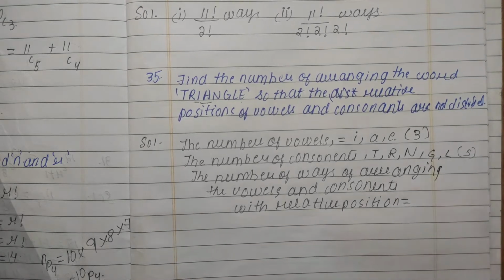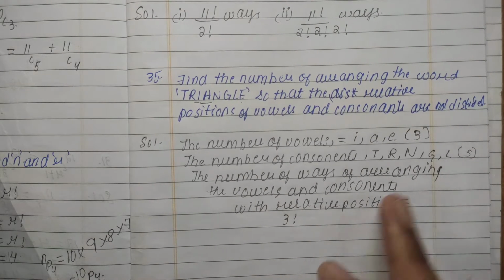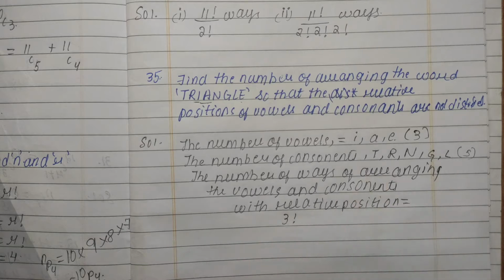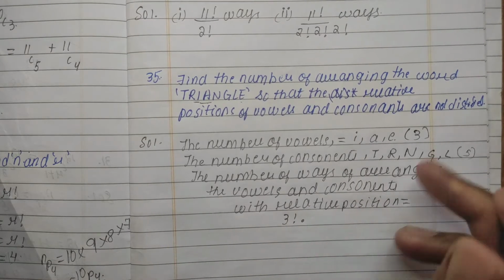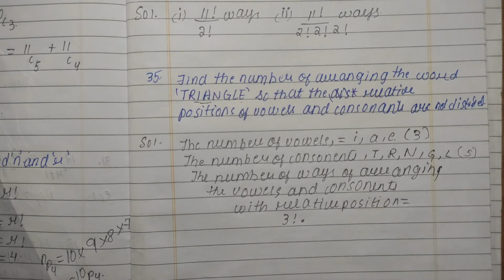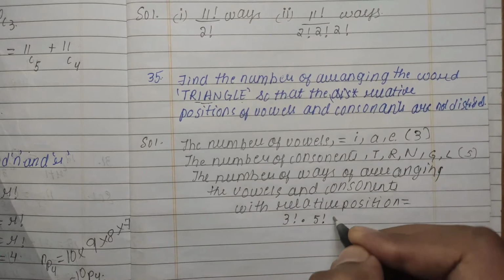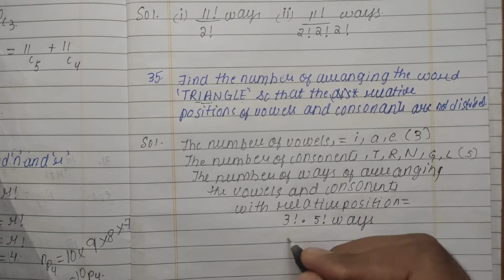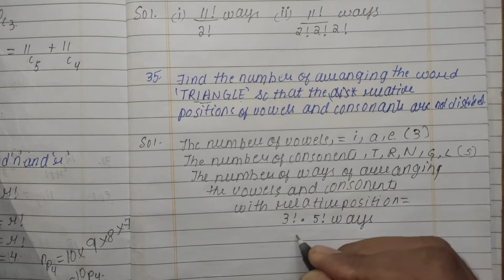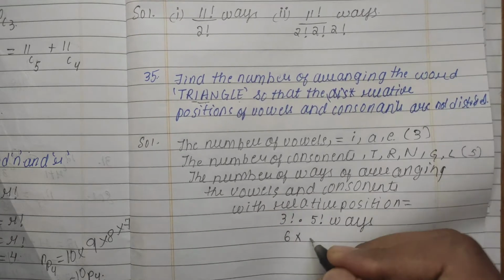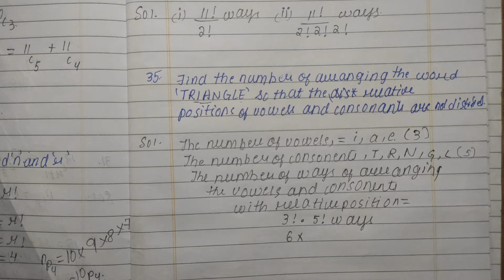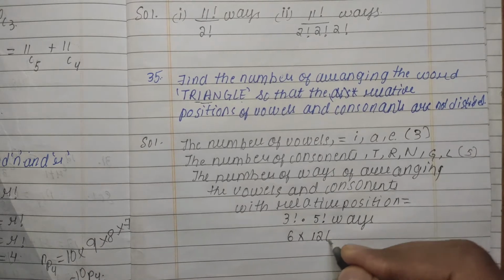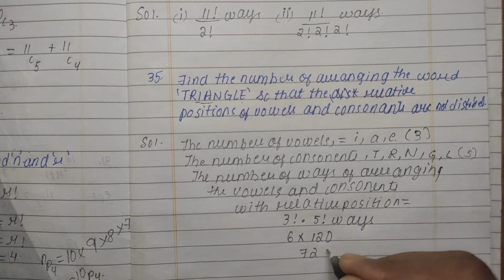This means that vowels come in vowels' places and consonants come in consonants' places. So that is 3 factorial. 3 vowels come in 3 ways, that is 3 factorial ways, into 5 consonants come in 5 ways, that is 5 factorial ways. So 3 factorial is 3 into 2, that is 6. 5 factorial is 5 into 4 into 3 into 2, 120. So this becomes 720 ways.